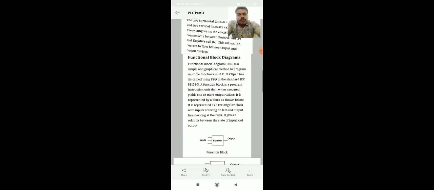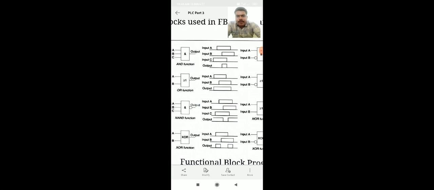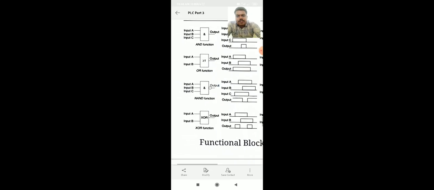Functional block diagram is used with functions, meaning the function has inputs and an output. Two inputs are taken, and the second input is taken as an input for another function. AND function, OR function, these are the logic diagrams.